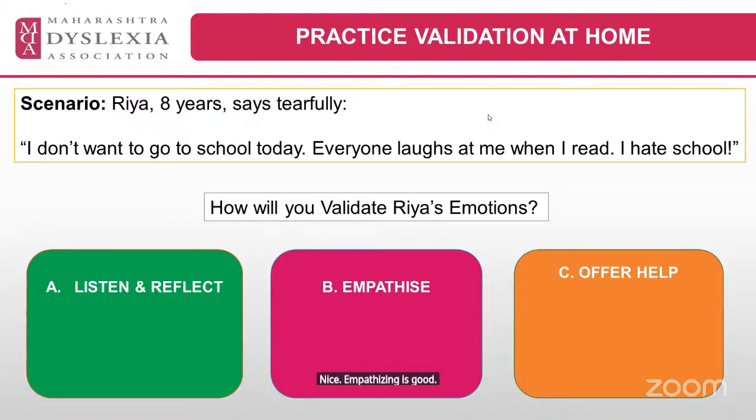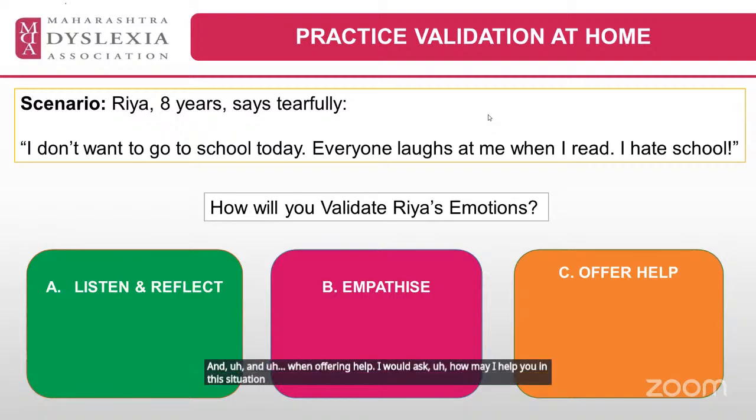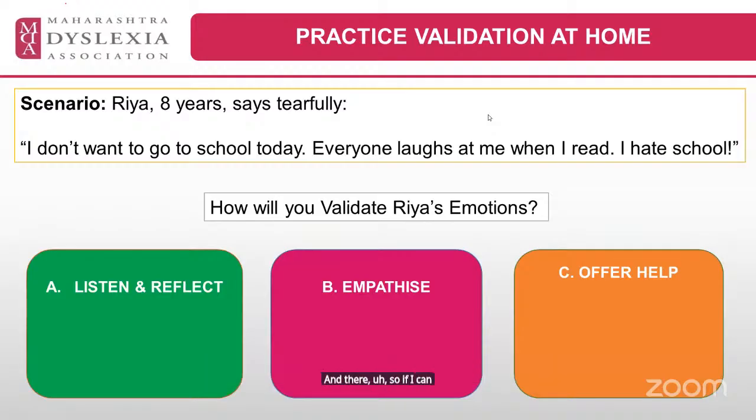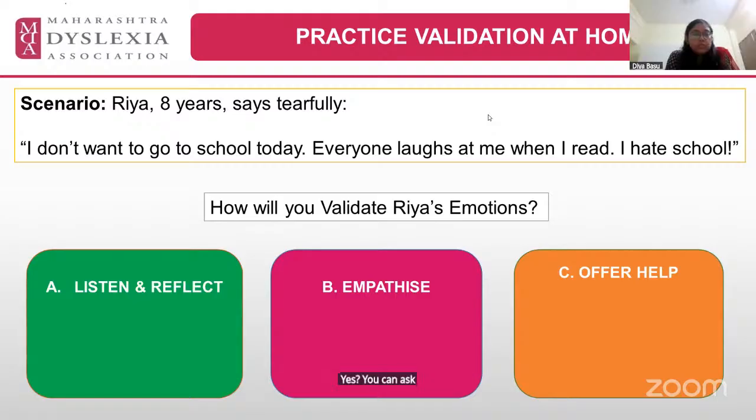When offering help, I would ask, "How may I help you in this situation? I'm here if I can be of help. Do you need any help in this situation? What can we do together to make this situation less stressful?" You can ask her and have a discussion.